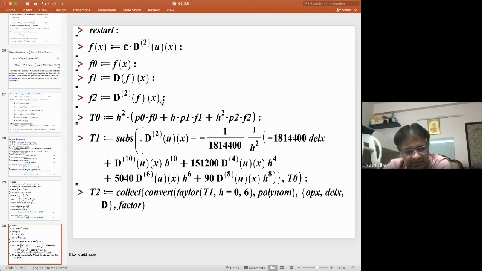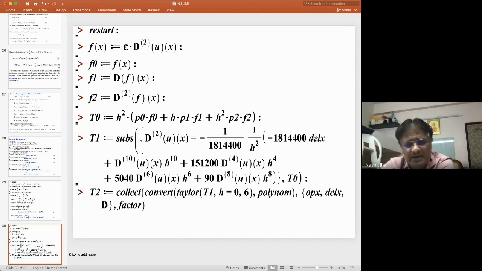So this second derivative is written in terms of del x. Basically, I am writing del x equal to the second derivative. From this equation, find the value of the second derivative and write everything in terms of the operator del x.